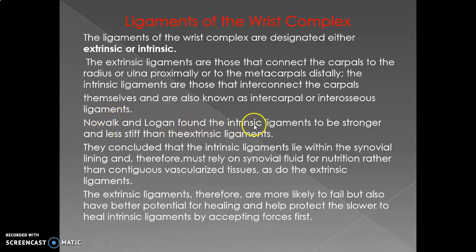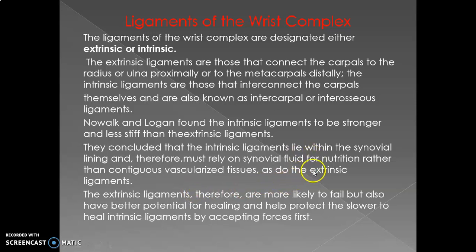Novak and Logan found the intrinsic ligaments to be stronger and less stiff than the extrinsic ligaments. According to Novak and Logan, the intrinsic ligaments are stronger than the extrinsic ligaments but comparatively less stiff. They concluded that the intrinsic ligaments lie within the synovial lining and therefore must rely on synovial fluid for nutrition rather than contiguous vascularized tissue, as with the extrinsic ligaments.